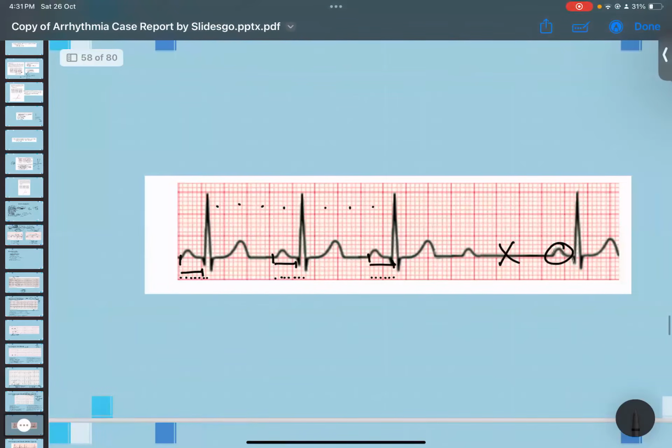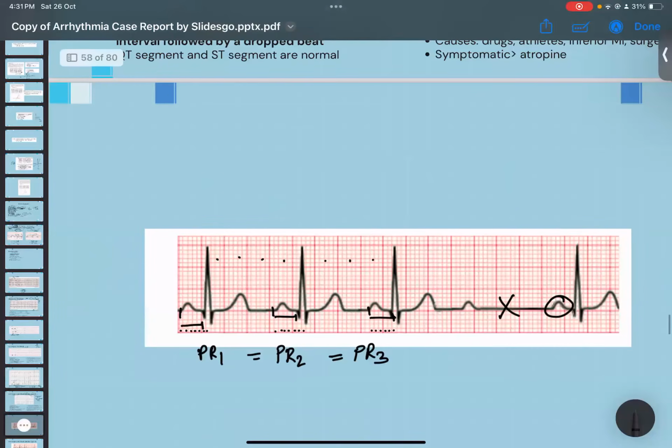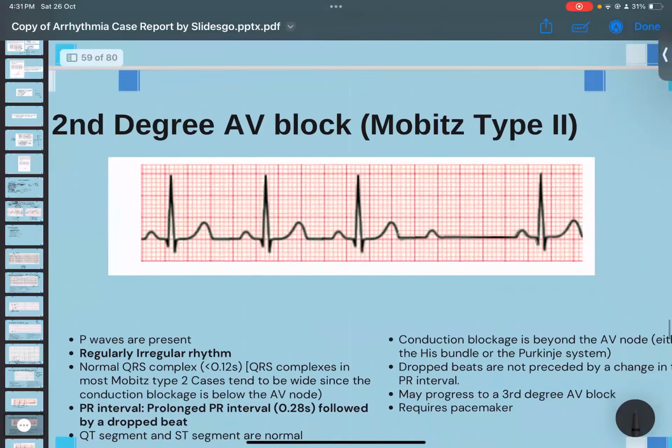So as you can see, the PR intervals here are equal to one another. Okay, in Mobitz type 1, the PR intervals were getting progressively longer, and then there was a drop beat. But here, the PR intervals are equal to one another, and then there's a drop beat happening. This is known as Mobitz type 2.